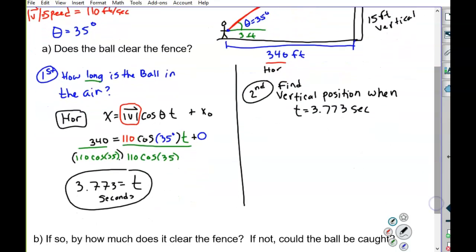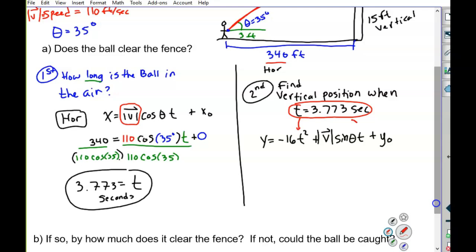Okay. So now, let's look at the vertical position, which is the y values. So we want to see, do we clear 15 feet? We got to go to this equation for vertical motion, which I'll just write down here. Plus y0. So that's our equation for vertical motion. But notice, we now know what t is.